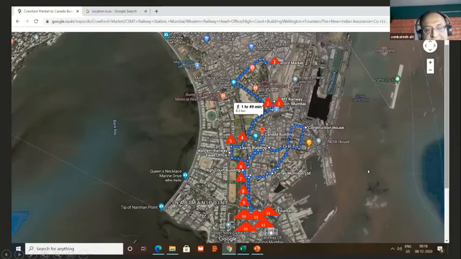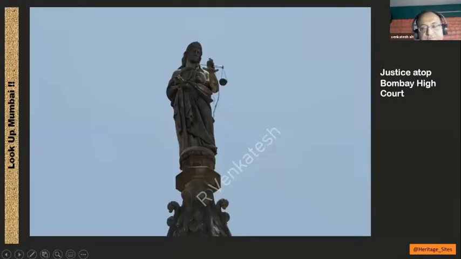So we are getting onto the Oval Maidan and coming to the High Court. This is justice atop the High Court. It's very important to understand why these concepts of justice and mercy and all are put up. See, India always had some kind of a well-organized judicial system which has functioned for the last 1,000+ years, under various kings and sultans and zamindars and rajas and whatever.